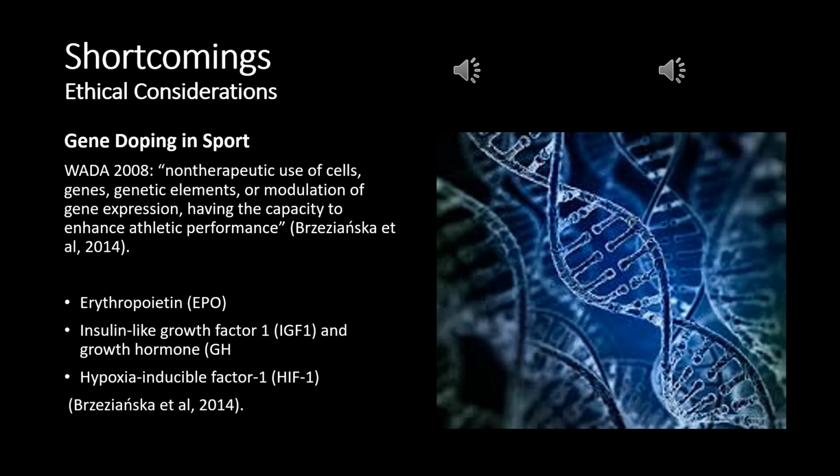Hypoxia-inducible factor 1, or HIF1, is associated with the regulation of glucose metabolism in hypoxia, which is a result of low oxygen in the blood. In sport, it is also said to increase endurance in athletes. This practice compromises the ethics of competitive sport, not to mention the possible medical repercussions for those who misuse them.